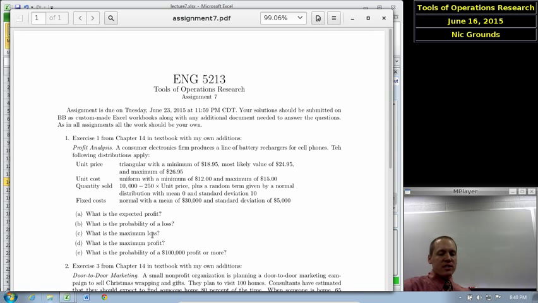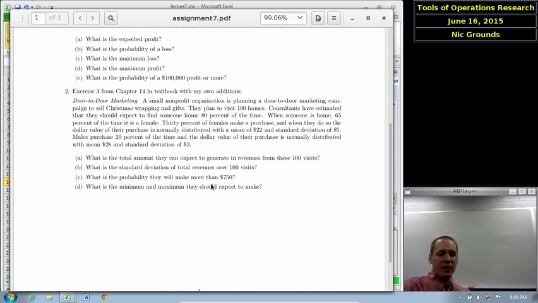So maximum loss, that is, what's the most negative profit possible in the simulation, or maximum profit, or probability of a certain profit minimum, that is, a profit of 100,000 or more, and so forth. So you're going to have to figure out from that frequency chart, that distribution, or sensitivity chart, and so forth, how to answer these questions about the situation or the problem described up here with these different uncertain parameters. Okay.